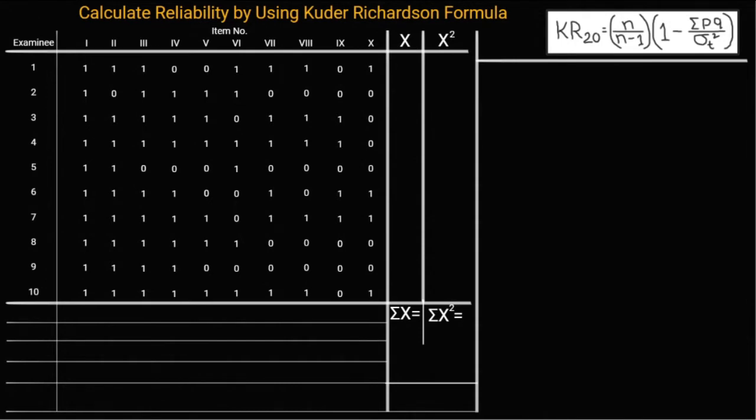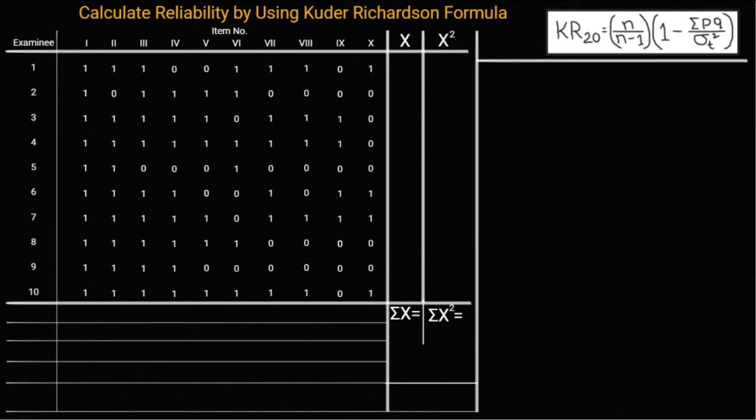First, all items of the test should be homogeneous. Next, items should be scored either as 1 or 0. That is, all correct answers should be scored as 1 and all incorrect answers should be scored as 0. And next, for KR20, items should not vary very much in their indices of difficulty.